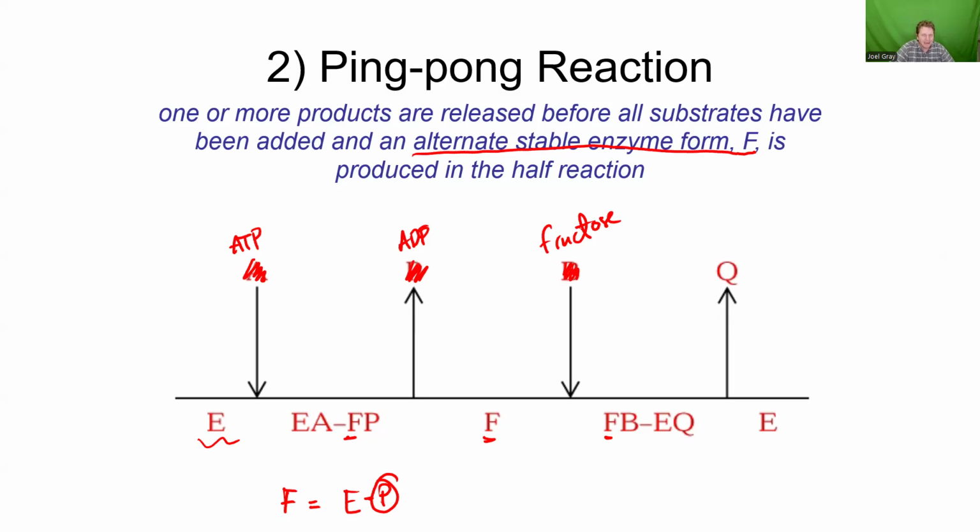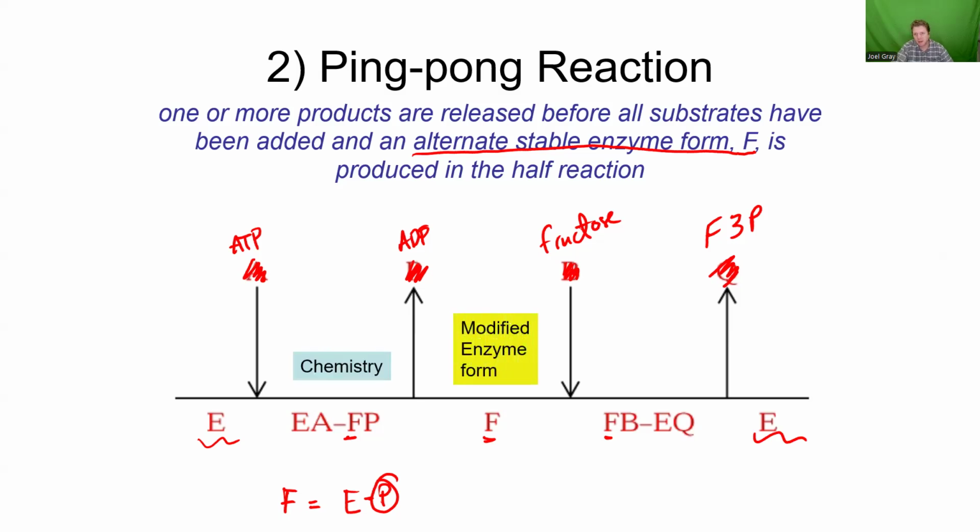And whenever it does that, when F binds fructose, it's going to transfer that phosphate onto fructose to make, I'm just going to call it fructose 3 phosphate, just as a little bit of a different example. So this is our second product. And then what's happened is our enzyme has returned to where it started.